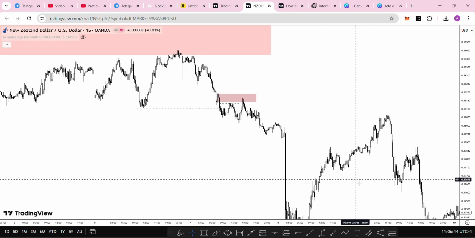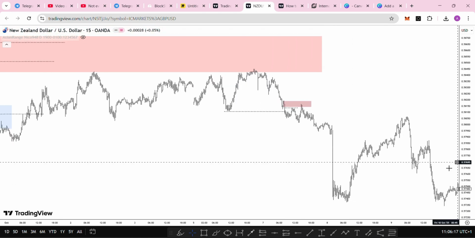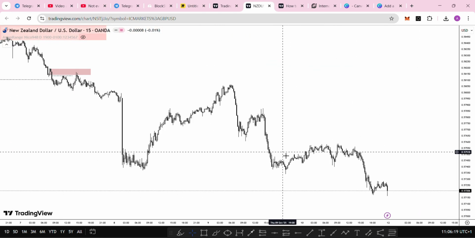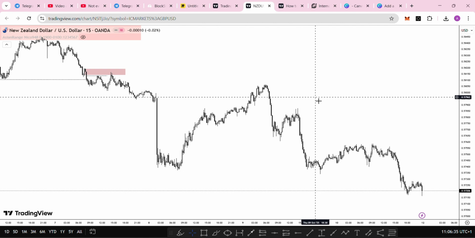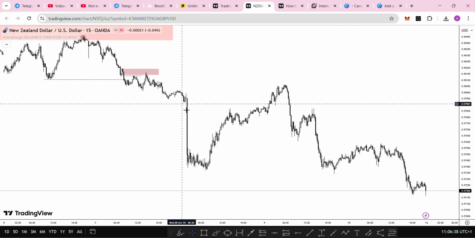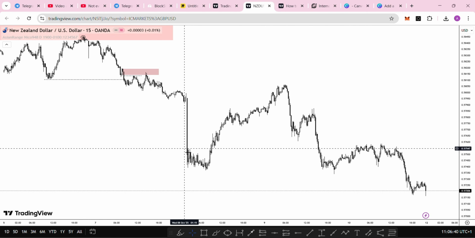So one thing you need to know, once you open your chart, know the order flow. You understand? How can you know the order flow? You will know the order flow by following the movement of the candlestick. If the bullish candles are printing more impulsive candles towards the upside, you will know that, okay, that is where the order flow is. Like this concept, you know that the order flow is flowing towards the downside.